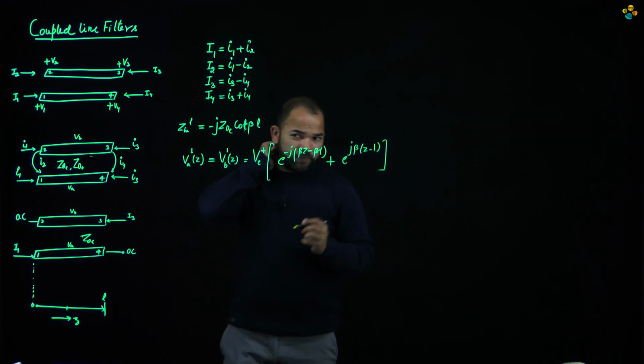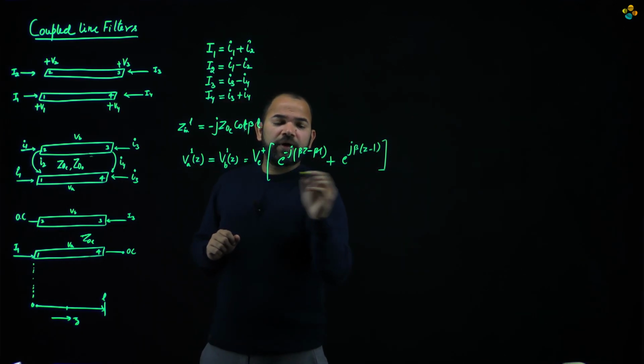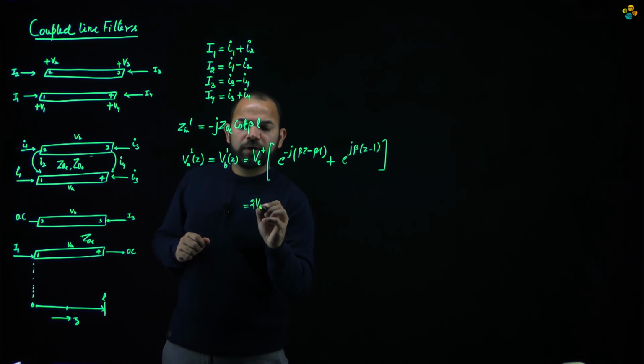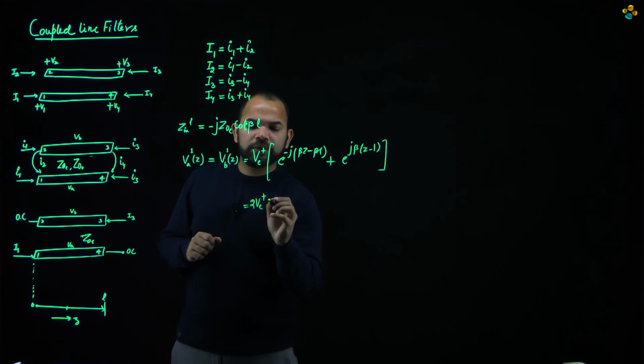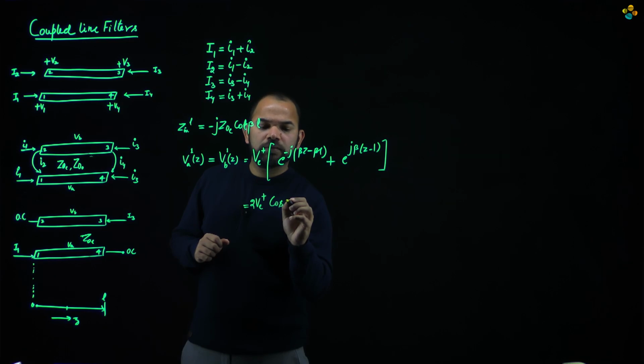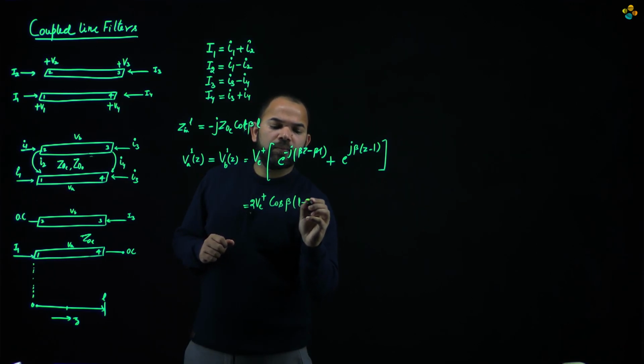If we solve this, if we divide by 2 and multiply by 2, this becomes a cos of beta (L minus z).